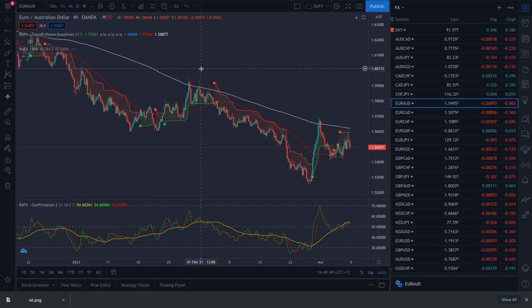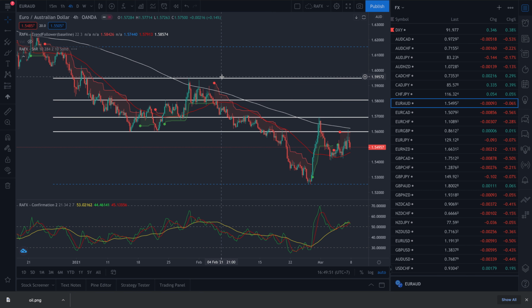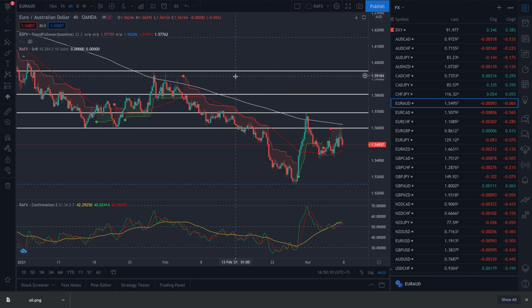Okay, so sometimes this is the problem with TradingView, because the SNR indicator usually, or sometimes, takes a long time to load.